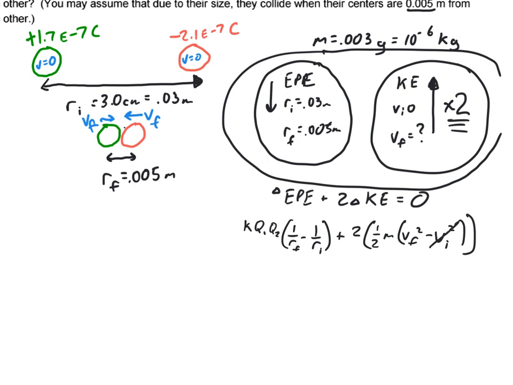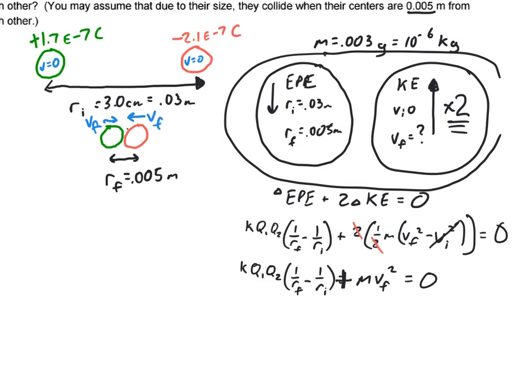V initial is 0, equals 0. Simplifying this, k q1 q2 times 1 over r final minus 1 over r initial, those 2's cancel, sorry, and that should have been a plus, not an equal sign, plus m v final squared equals 0.